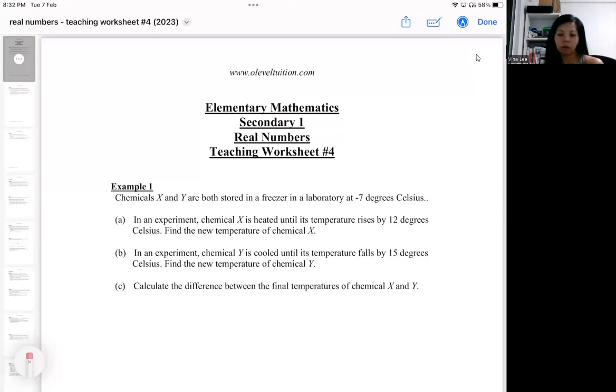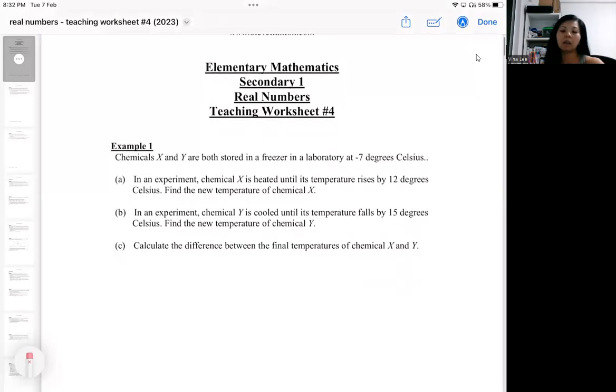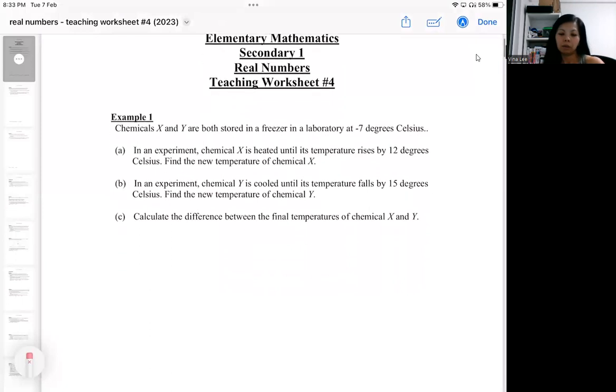Okay, so what you will require is you have to be very patient to read a chunk of words. If you read example 1, chemicals X and Y are both stored in a freezer at -7 degrees Celsius.